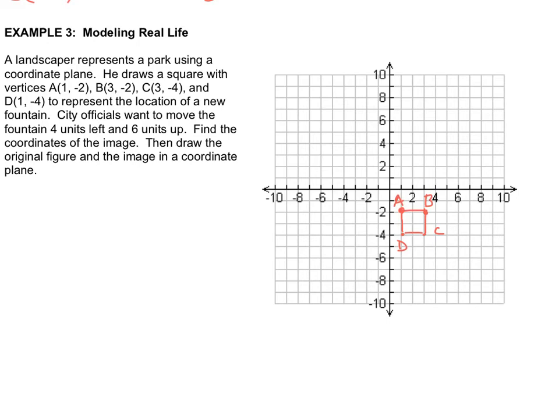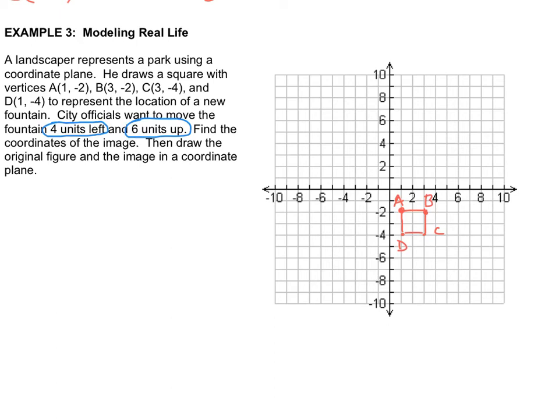So hopefully you have this picture. This is showing us the park that he is using. So what we want to do is take this fountain in the park and move the fountain 4 units to the left and 6 units up. So then what we want to do is just follow the map.